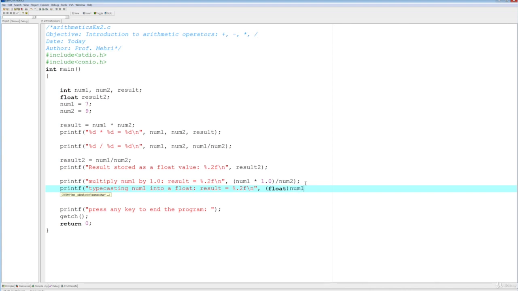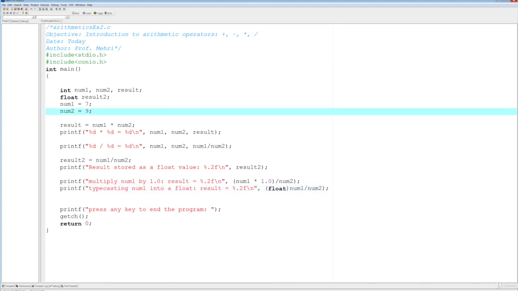That's going to convert num1 into a float. Then divide by num2. And we should get the same result as if you multiplied by 1.0. This is what we call typecasting. It will temporarily change the numerator, num1, into a float.